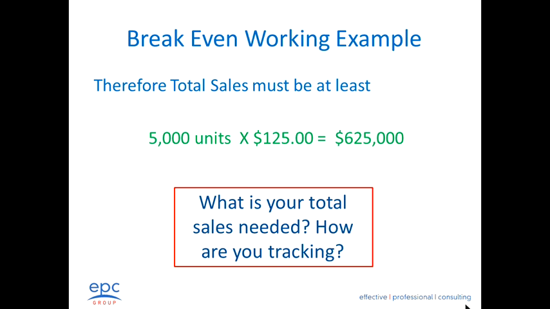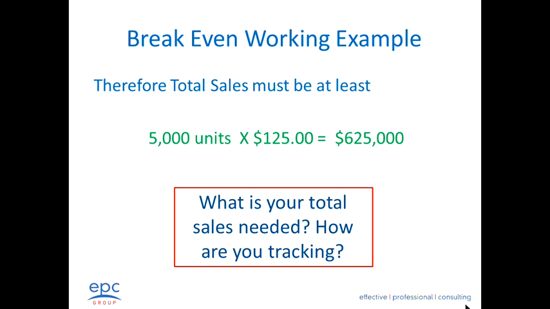If you know that you need to sell $625,000, you can start looking at this number in a variety of ways. I would actually break it down to the number on a daily basis. So if your business is open 5 days a week, you have 260 days of business that you're dealing with.